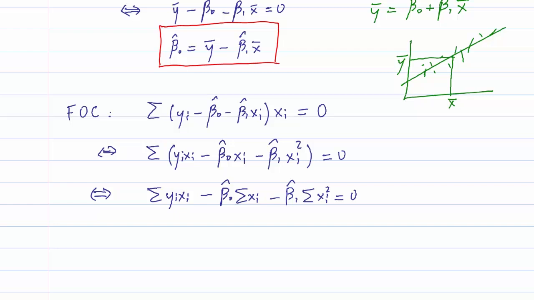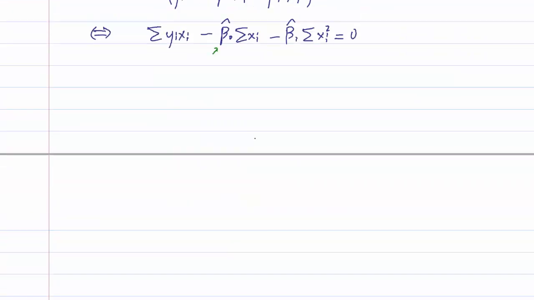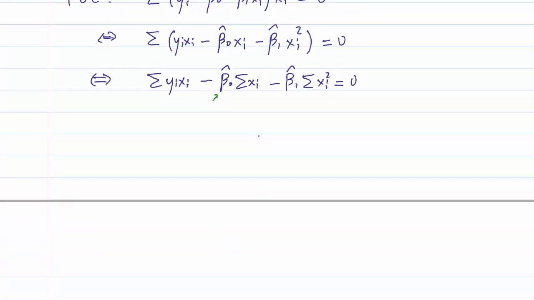And now I'm going to take the beta 0 that's here and plug it here. So we're going to substitute the beta 0 hat on the previous page, we have some room.